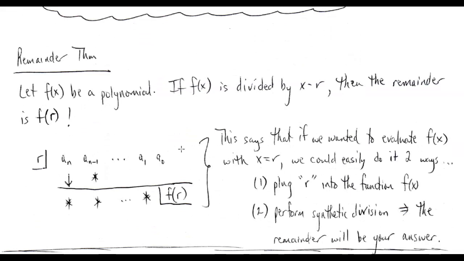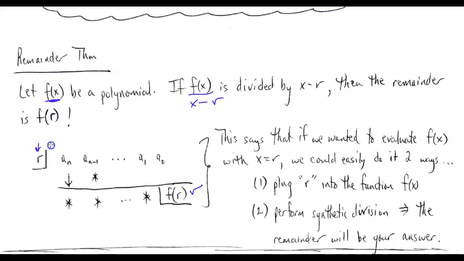What the remainder theorem says is essentially what I just talked about: if we let our function be a polynomial and divide it by a linear factor, then what we get in the remainder box is the same thing as the value of our polynomial evaluated at this number r, or what we would call our potential 0.